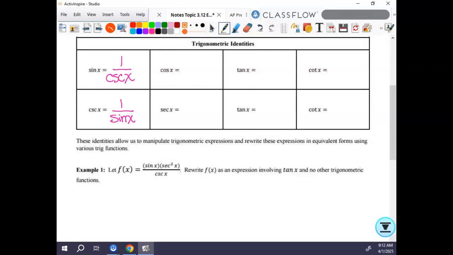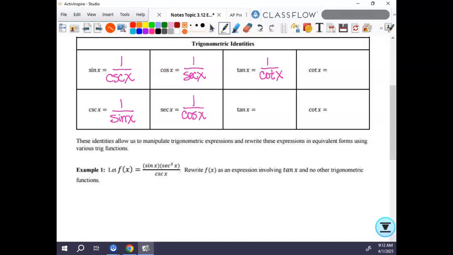Cosine is the reciprocal of what? Secant. So this would be 1 over secant x, and secant is the same as 1 over cosine x. Everybody good with that? Tangent is 1 over what? Cotangent. And we also know another rule for tangent. Tangent is also what over what?